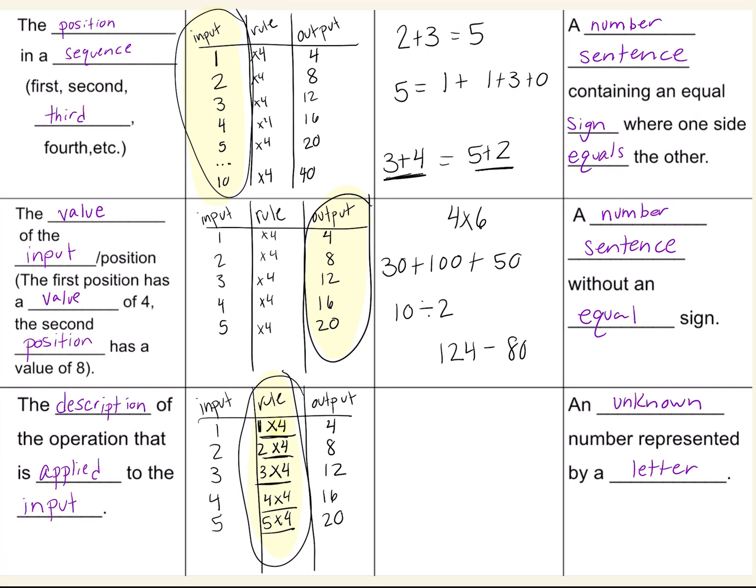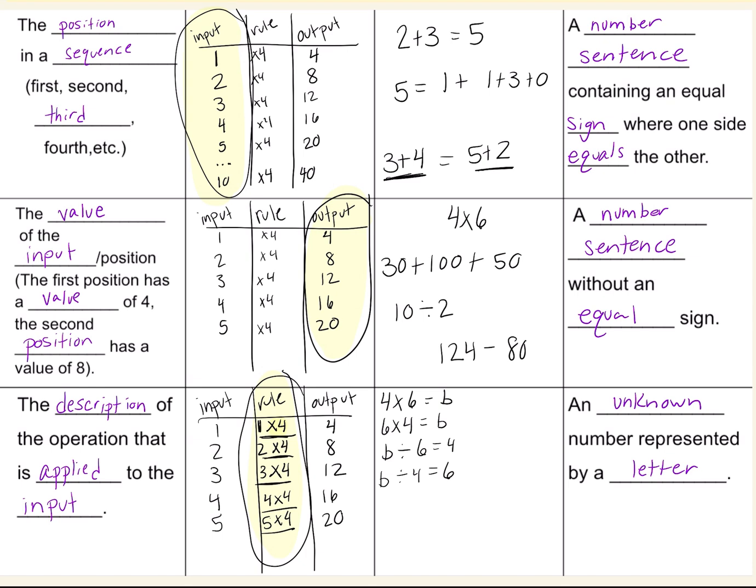Some different examples: 4 times 6 equals B. I could have also written it as 6 times 4 equals B. If I'm thinking about the same fact family, I could write B divided by 6 is 4, or B divided by 4 is 6.